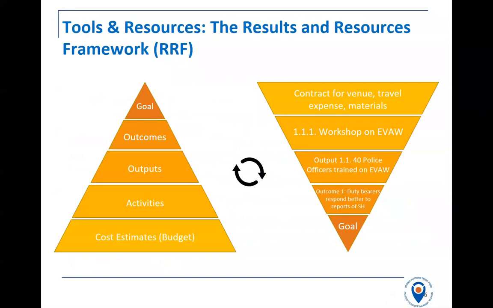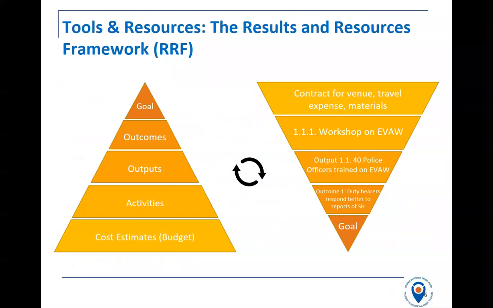When we plan the project, the top of the pyramid represents the project goal normally, and we consider it that way. When we're talking about expenses, you have to make sure that every expense is linked to an activity on your results framework, and therefore an output, and therefore an outcome.